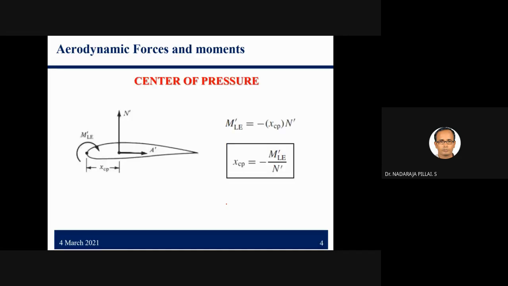Now, there is a problem. You know that because of the shear stress due to the viscous nature and the pressure acting on the surface of the airfoil, you have the forces and moments, right? Now, the resultant force needs to be placed somewhere on the airfoil.